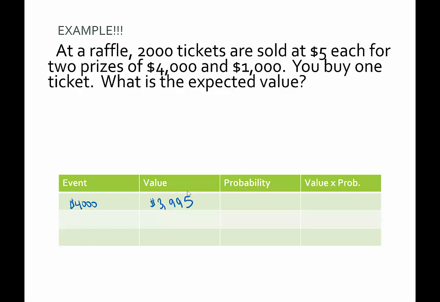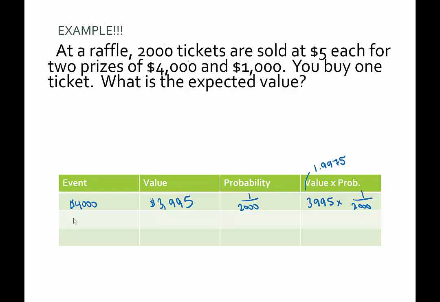The probability of winning the $4,000: there's one prize of 4,000 out of 2,000 tickets, so that would be 1 over 2,000. Then the value times the probability is 3,995 times 1 over 2,000. It might be helpful to have a calculator here. And I get for this one 1.9975.